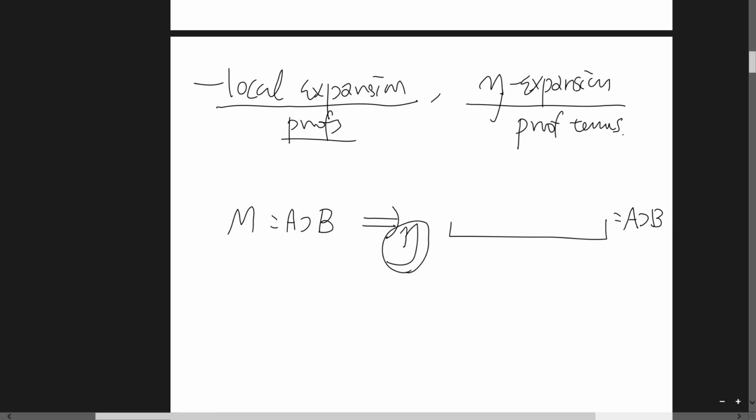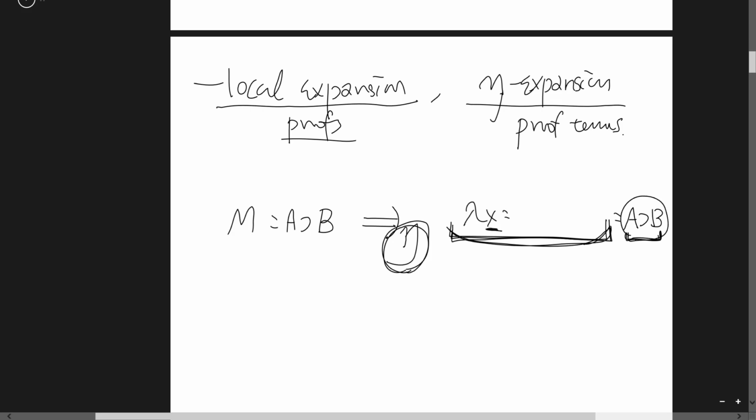So basically you'd like to build another proof term, another lambda abstraction, because the canonical form of a proof term of this type A implies B is a lambda abstraction. So perhaps you are expecting some lambda abstraction here. And it turns out that the result of this eta expansion is a lambda abstraction of type A implies B.